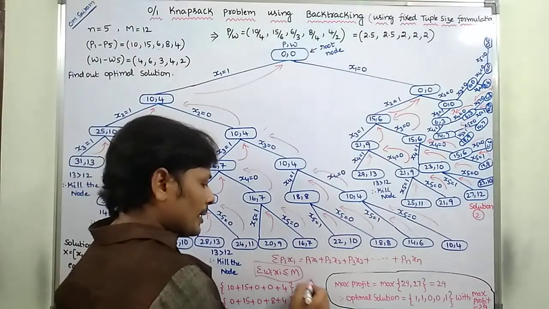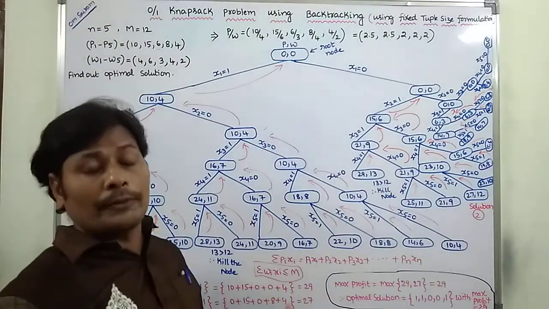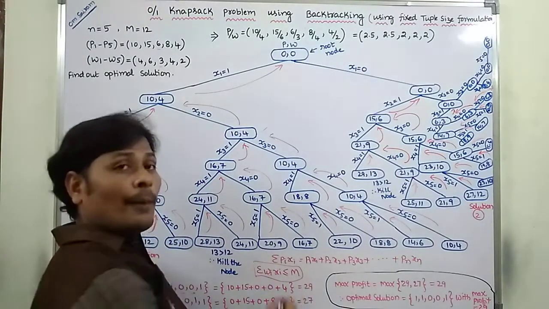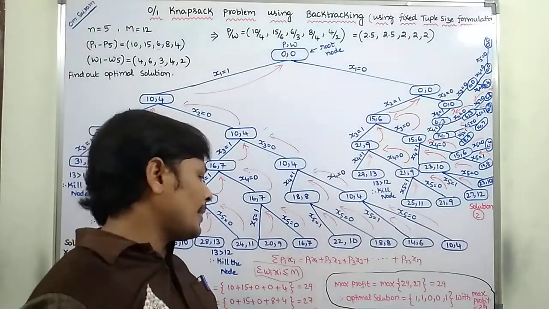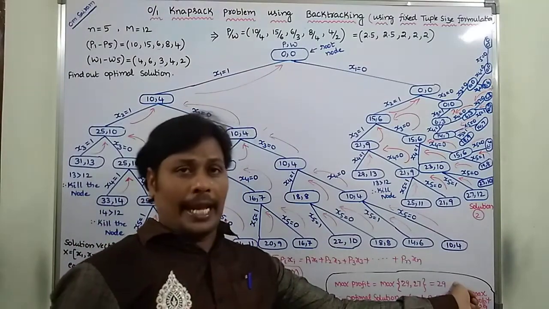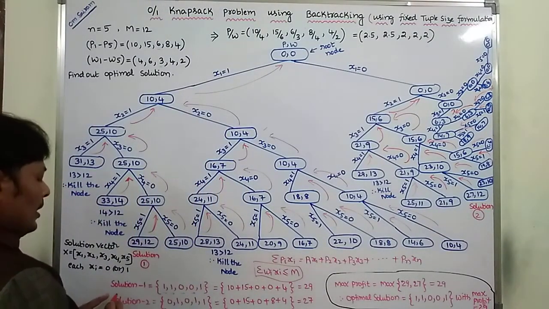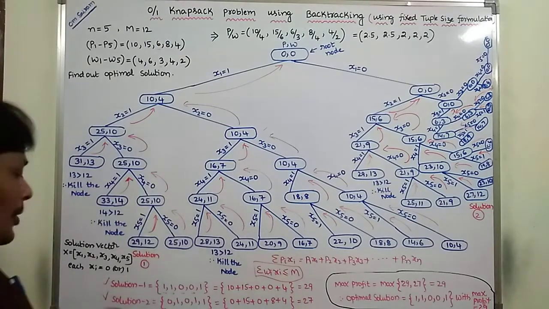So among those two profit values, our knapsack problem's main objective is to maximize the profit. What is the maximum profit among them? So maximum profit is equal to maximum of 29 comma 27, that is 29. So 29 profit we are getting from this solution 1. Therefore, this is a feasible solution, this is a feasible solution.